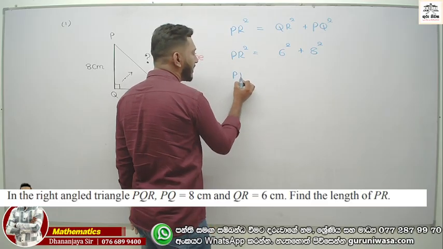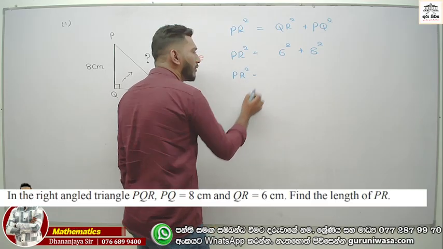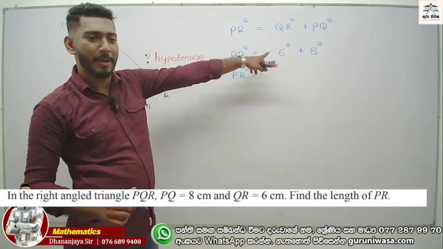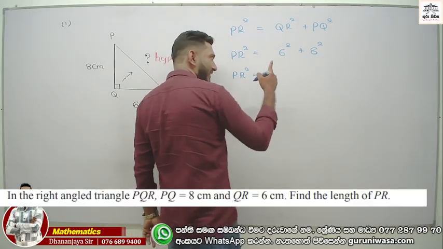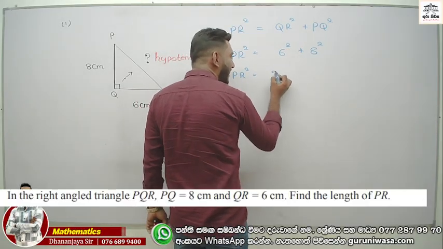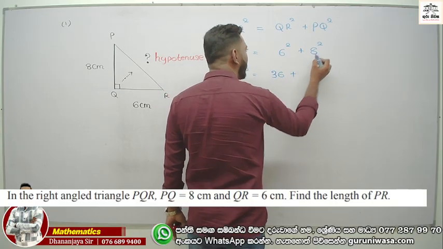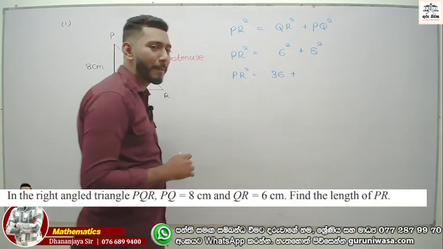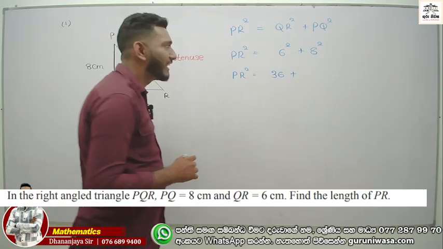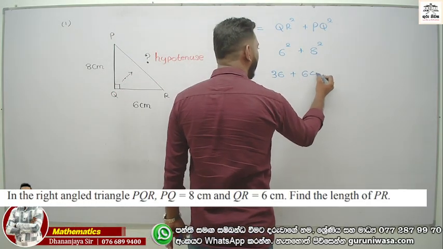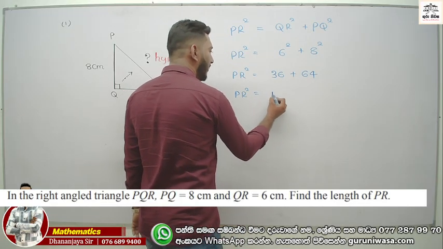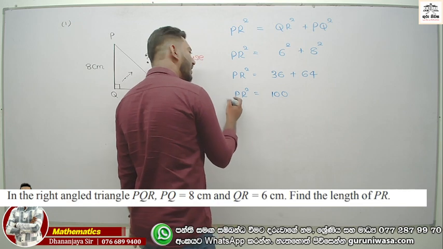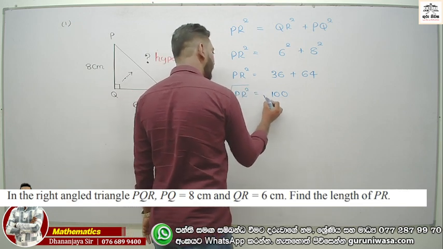Now, PR square is equal to... what is the value of 6 to the power of 2, Brianna? 36. Yeah, 36. And 8 to the power of 2, what is the answer? 64. Yeah, 64. And the sum of these two becomes 100. How to find the answer for PR? You need to apply square roots.